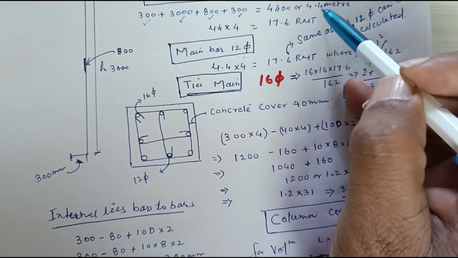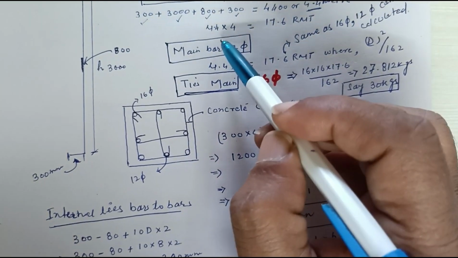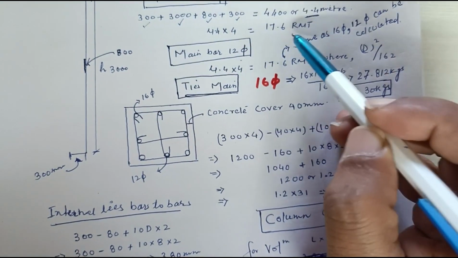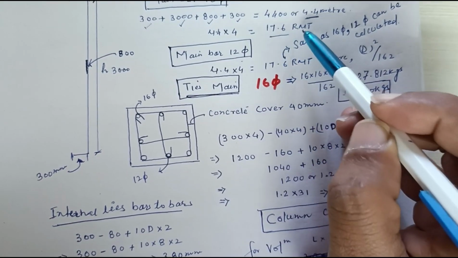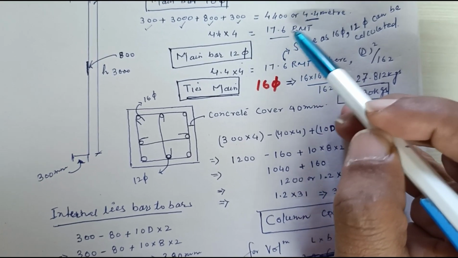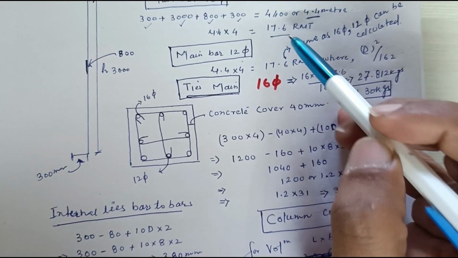Total you have got 4.4 meter. Now 4 number bar is mentioned, 16 dia, 4.4 into 4, it will become 17.6 running meter, right?